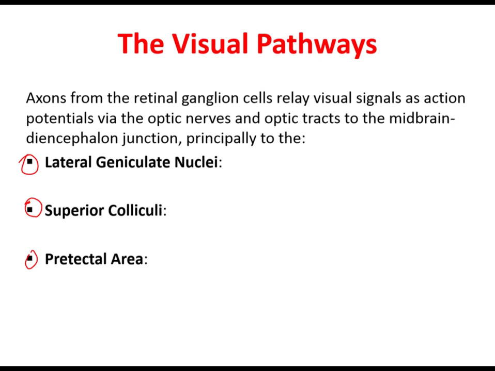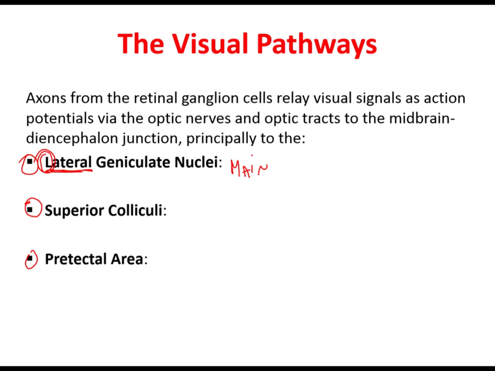Now let me talk about what these different pathways do. Those signals that reach the lateral geniculate nucleus, and again we said lateral for light, L for light, this is the main subcortical region that processes visual information for perception. So the majority of the retinal axons terminate in the lateral geniculate nucleus.